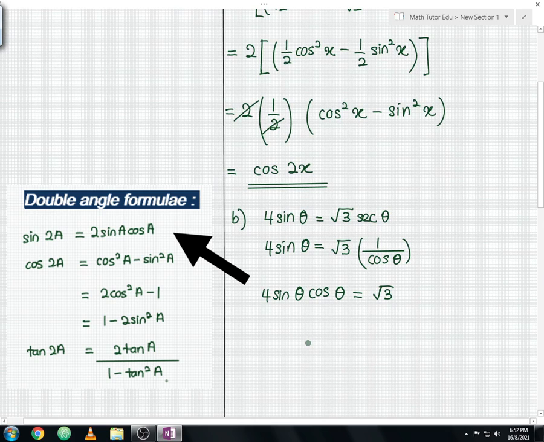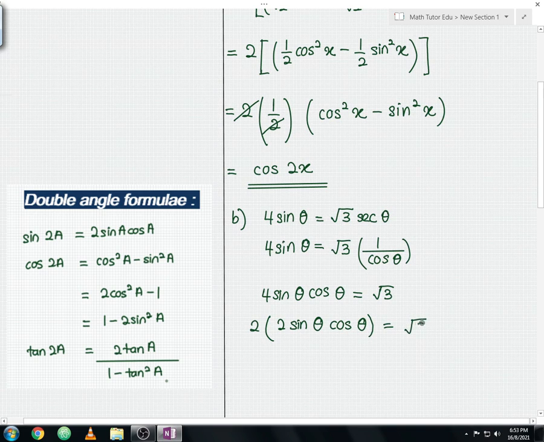So from here, how can I relate to that particular double angle formula? So what I'm going to do is I'm going to factor out this 4 by 2, guys. So from here I factor out 2 from here, so I left with 2 sin theta cos theta is equals to square root 3.